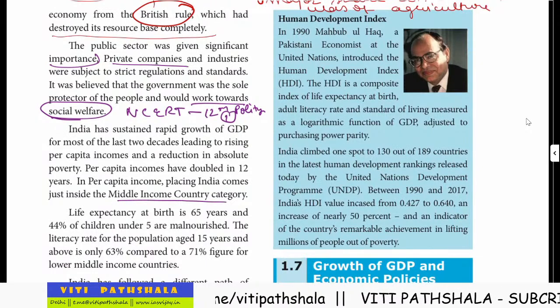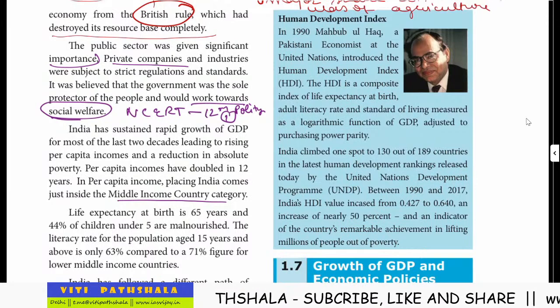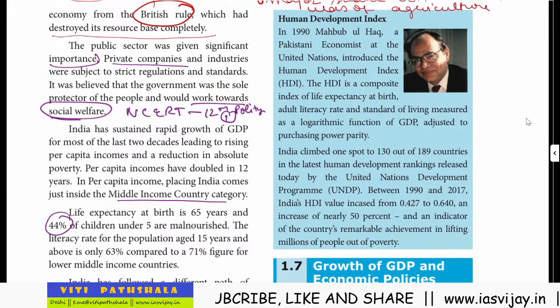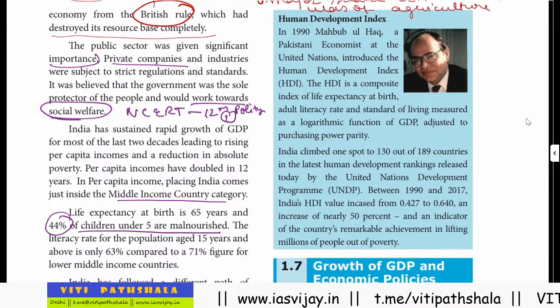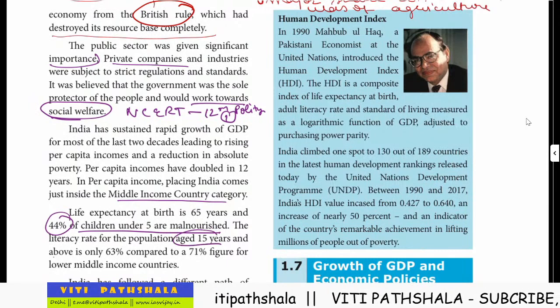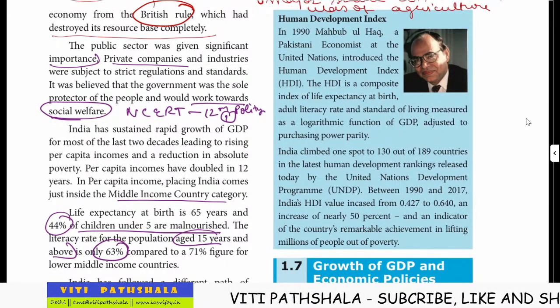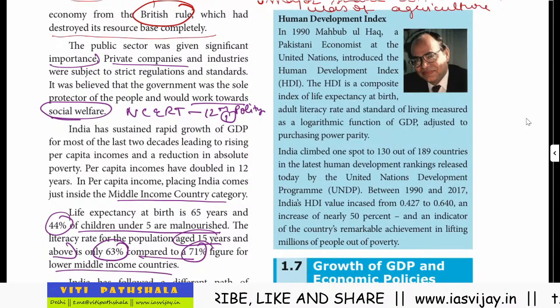Life expectancy at birth is 65 years, and 44% of children under 5 are malnourished. The literacy rate for the population aged 15 years and above is 63%, as compared to the 71% figure for lower middle income countries.